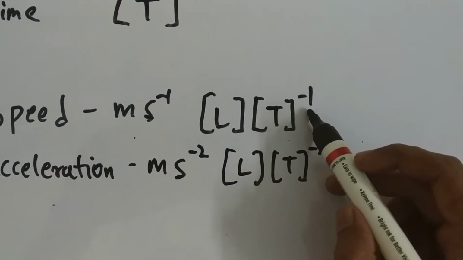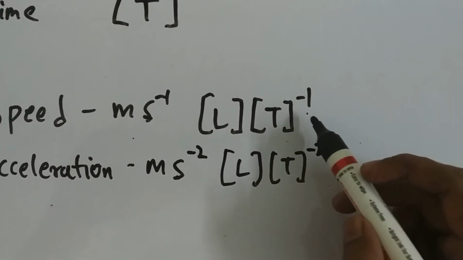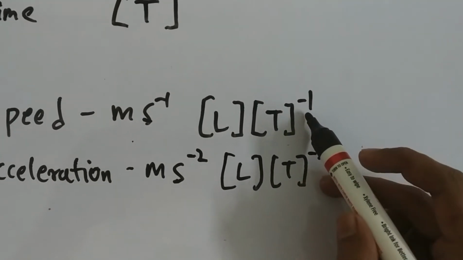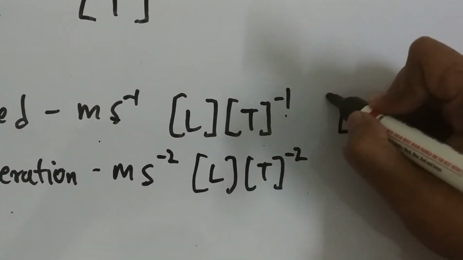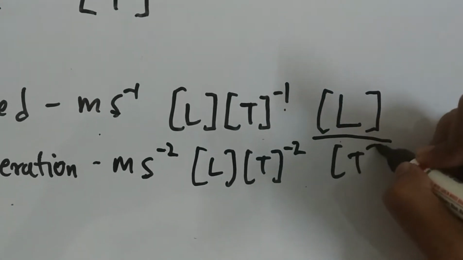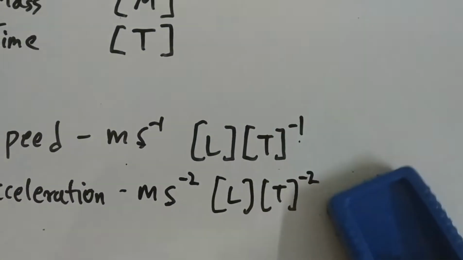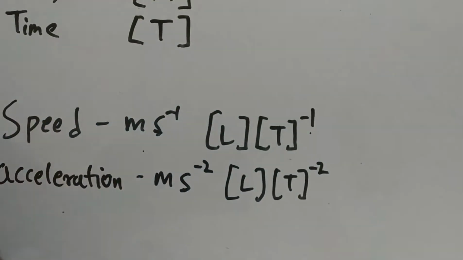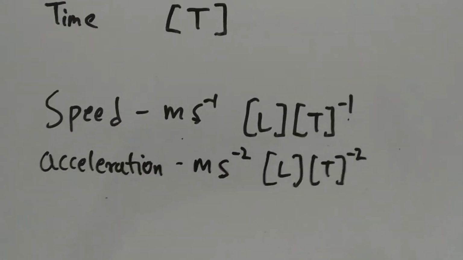This is not to be confused with -1 and -2. -1 and -2 are its power. So this is nothing but capital L by capital T. But we do not write it as capital L by capital T. We just write it as T to the power -1. I hope you understand powers.